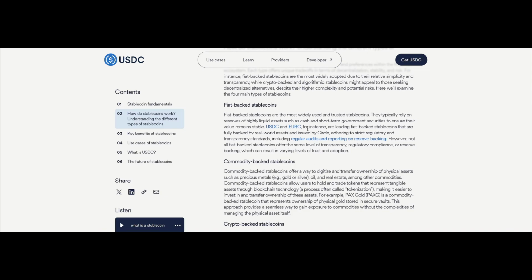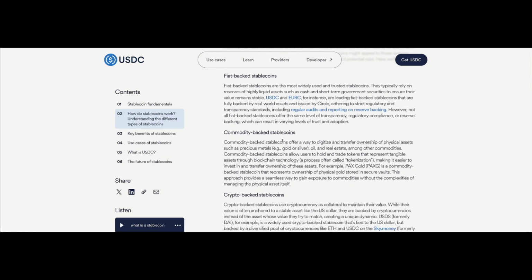For instance, USDC and the euro coin are leading fiat-backed stablecoins that are fully backed by real-world assets and issued by Circle, adhering to strict regulatory and transparency standards, including regular audits and reporting on reserve backing. However, not all fiat-backed stablecoins offer the same level of transparency, regulatory compliance, or reserve backing, which can result in varying levels of trust and adoption.